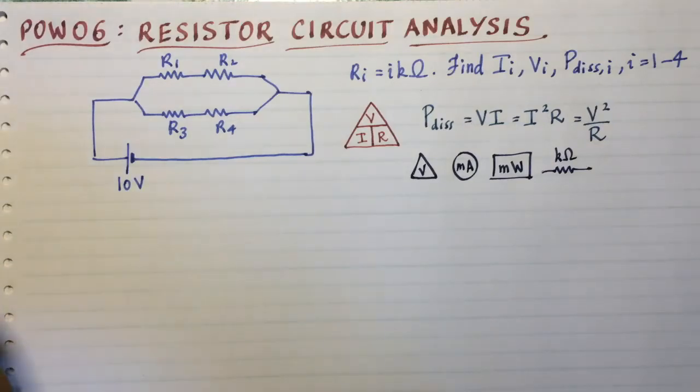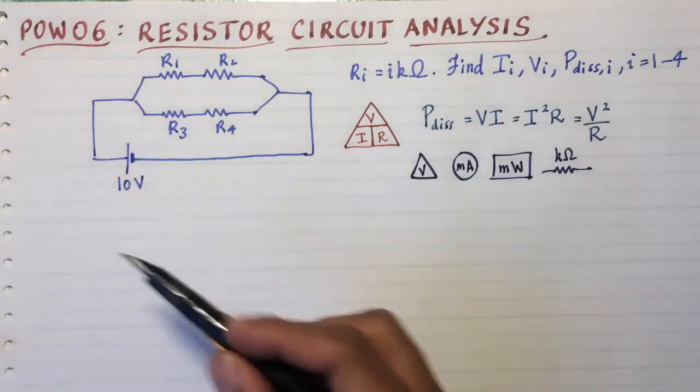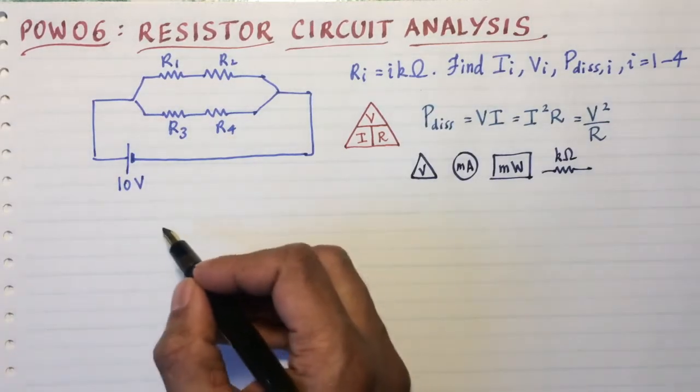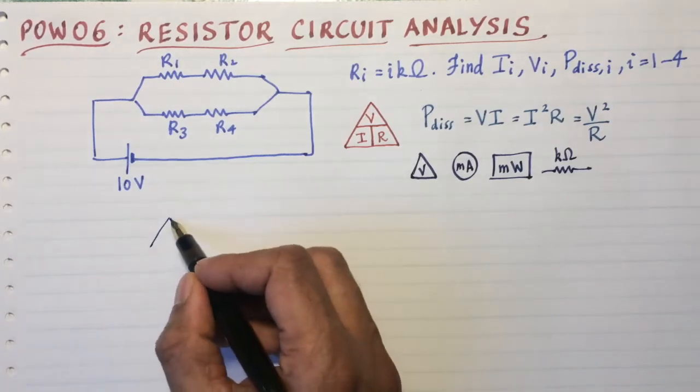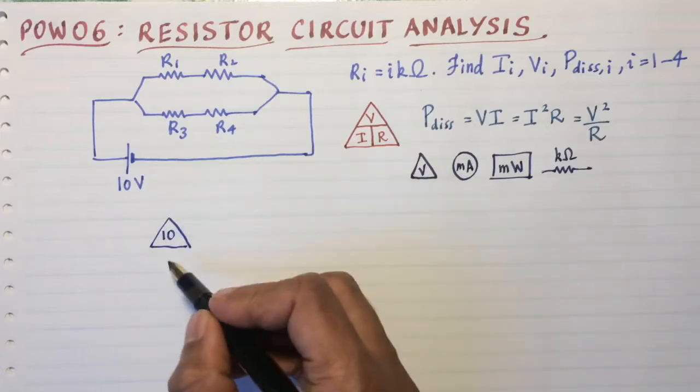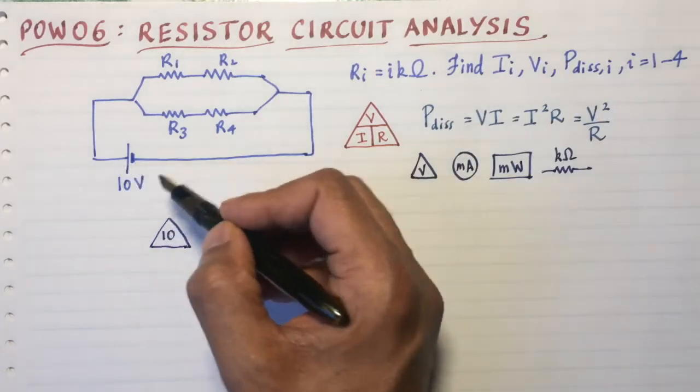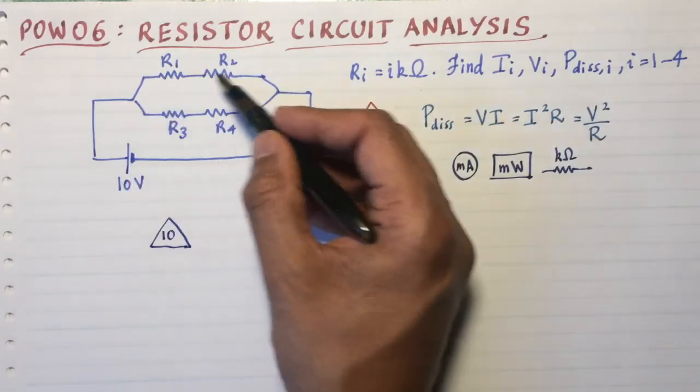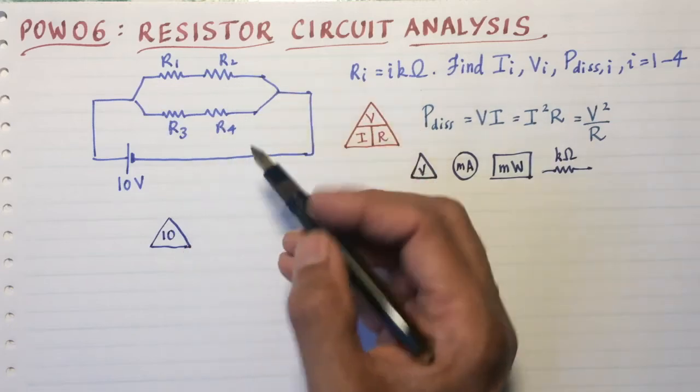So how do you reduce the complexity of this circuit? Well, first of all, let me draw the circuit here. I'll start with the positive side of the battery. I'll move it up to the top, and then I encounter R1 and R2 to the left, R3 and R4 to the right.